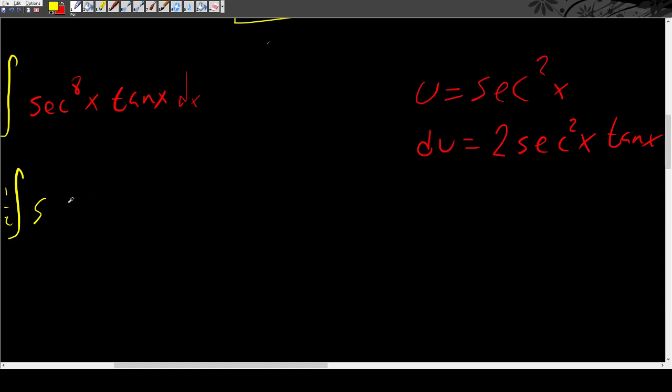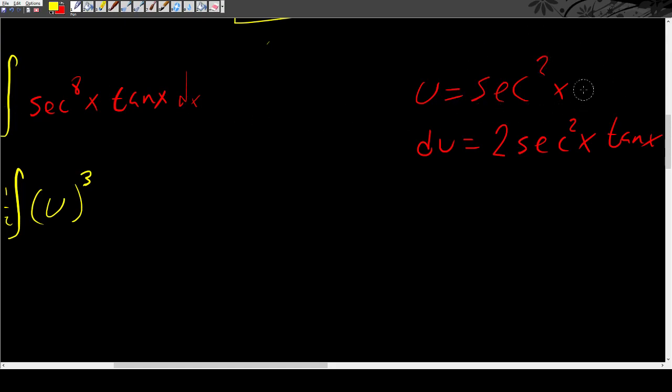So secant, it's in terms of u now. I'm going to need a square, so let's do that with 6. So I'm going to need 6 left, so this would be u to the third, because I'm going to need to leave 2 left. I'm going to need secant squared left over from secant to the 8th.